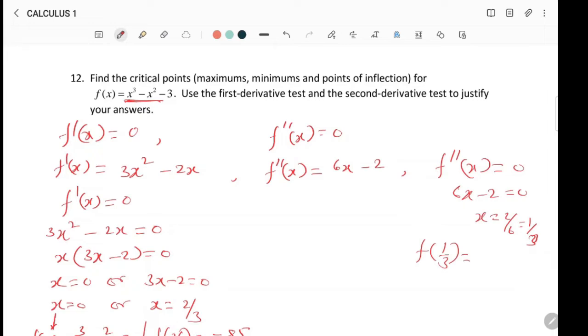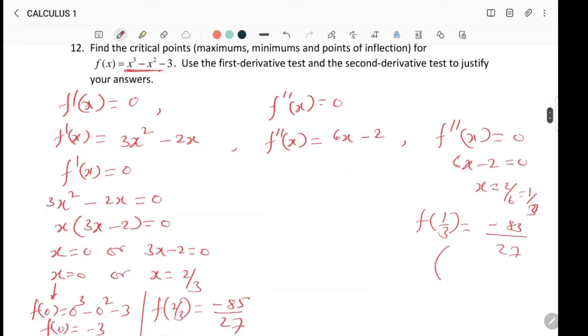Then minus 1 over 3 whole square, which is 1 over 9. Now again minus 3, which is minus 83 over 27. So this is 1 over 3 comma minus 83 over 27.